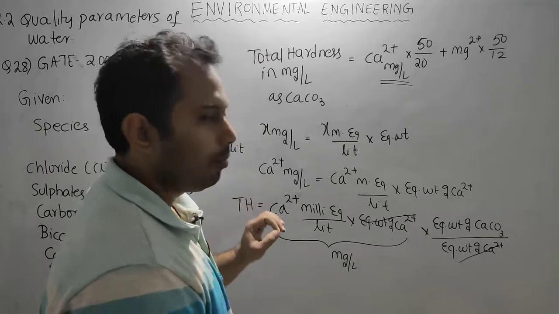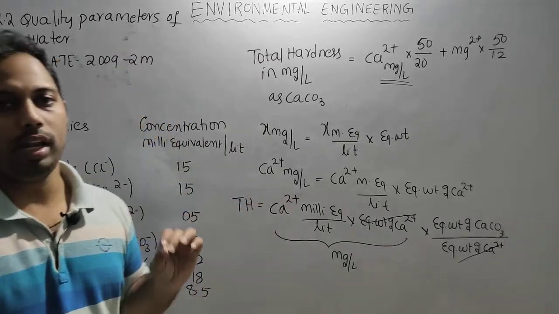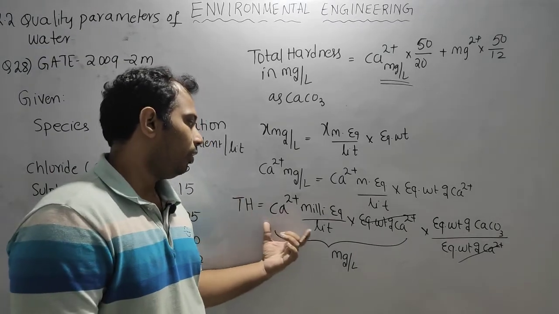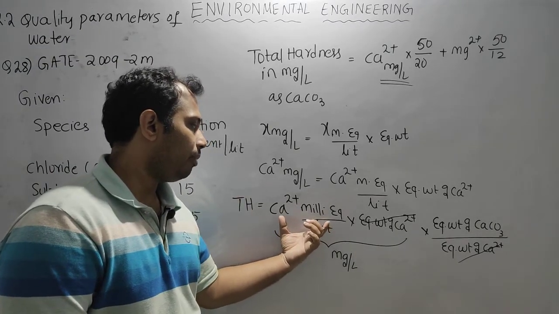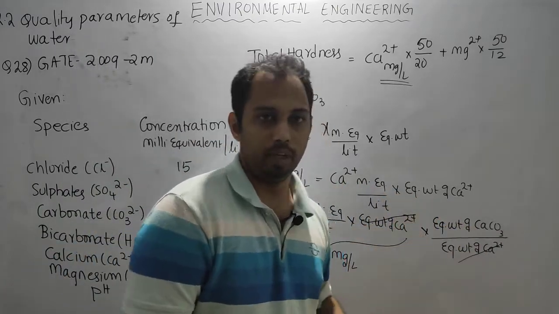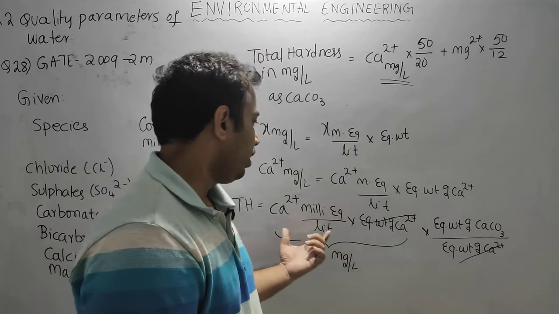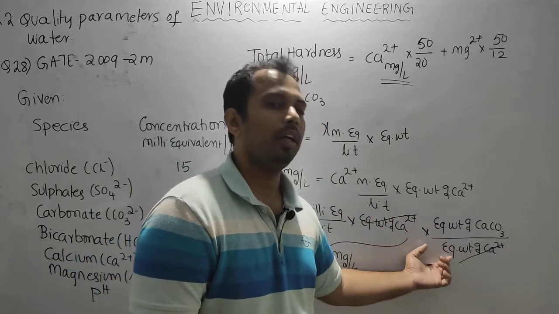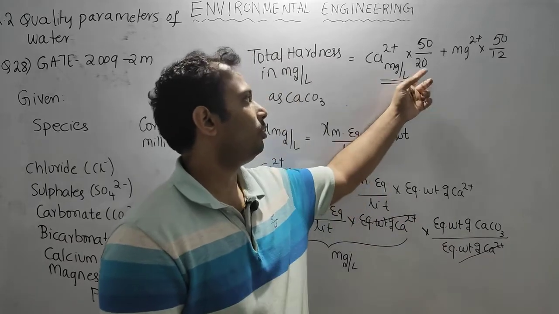That means when the data is given in milli equivalent, then you can directly multiply this milli equivalent with the equivalent weight of CaCO3, because the equivalent weight of that compound will get cancelled by this value.